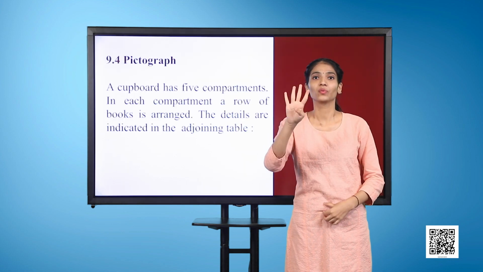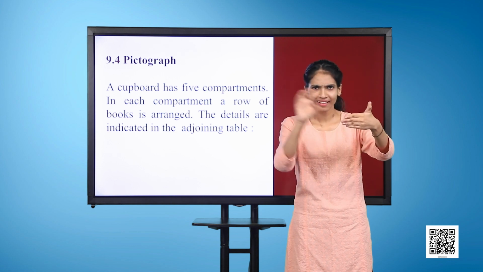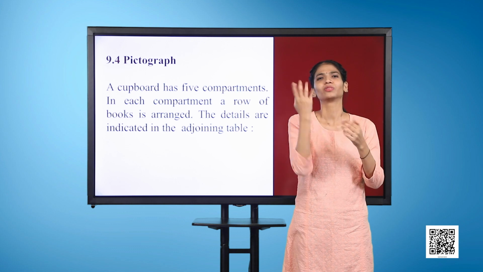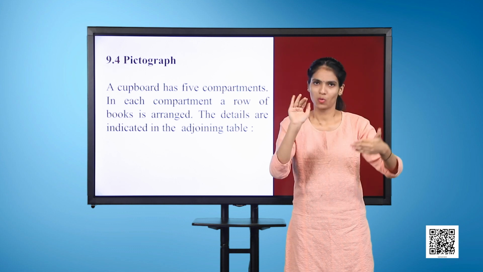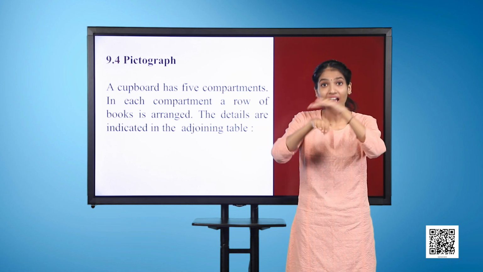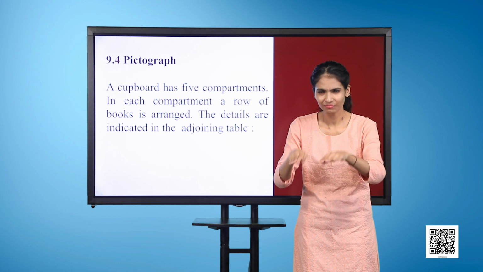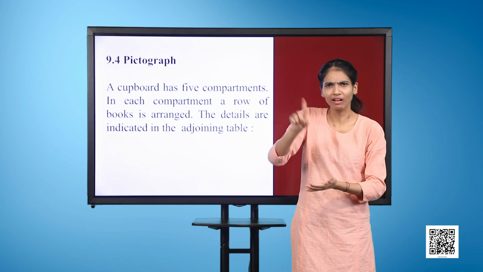9.4 Pictograph. A cupboard has 5 compartments. In each compartment, a row of books is arranged.